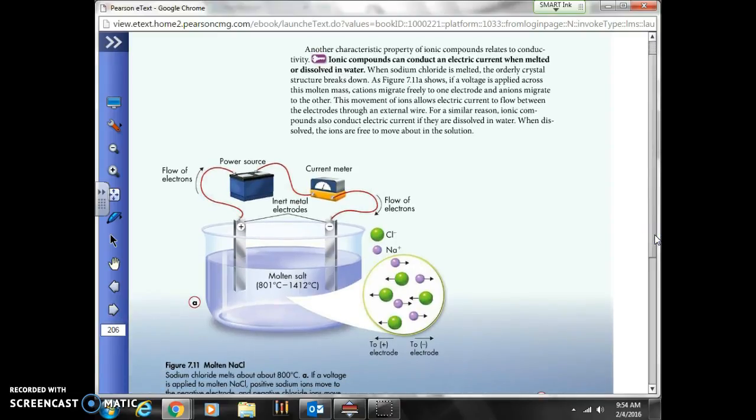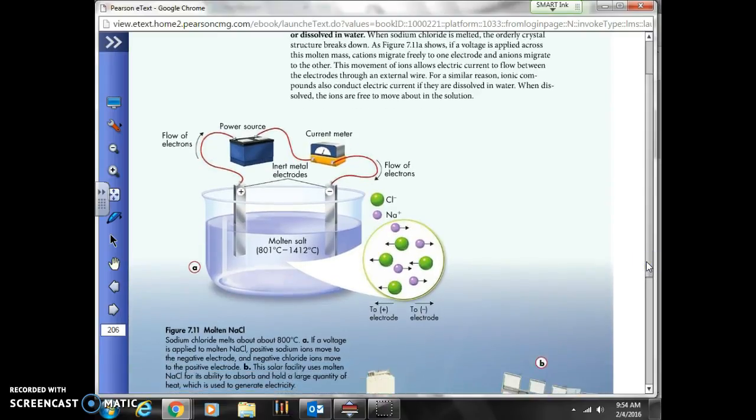The third property you need to know about ionic compounds is that they can conduct an electric current when melted or dissolved in water. Ionic compounds completely dissociate when they're put into water.